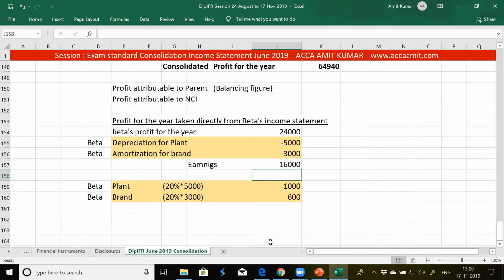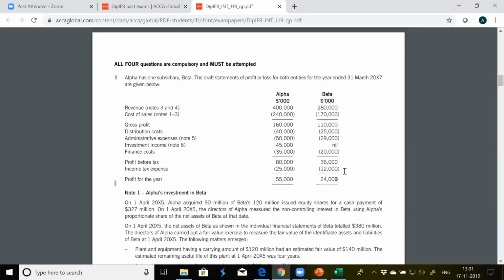Not reducing these expenses means they increase my earnings or they reduce my earnings. If there is a deferred tax adjustment, we believe that it should reduce our earnings. So does it increase our earnings or reduce our earnings, this deferred tax adjustment? How much is the deferred tax on this income tax expense for this? It is 12,000.